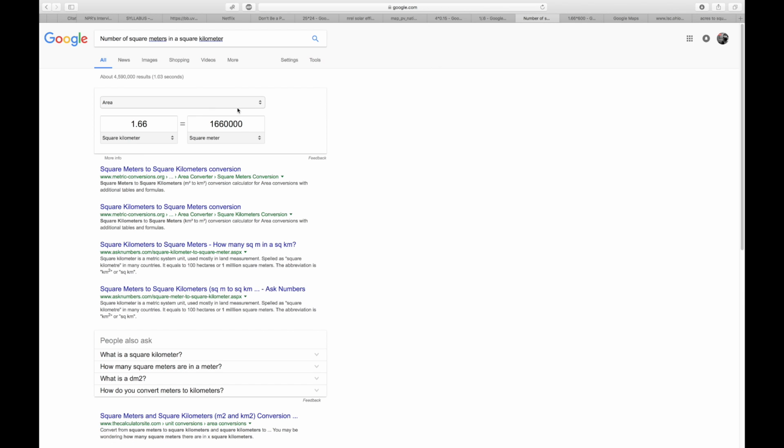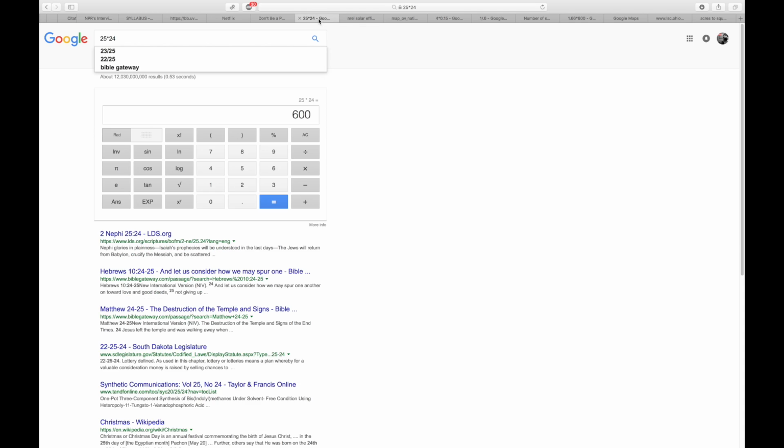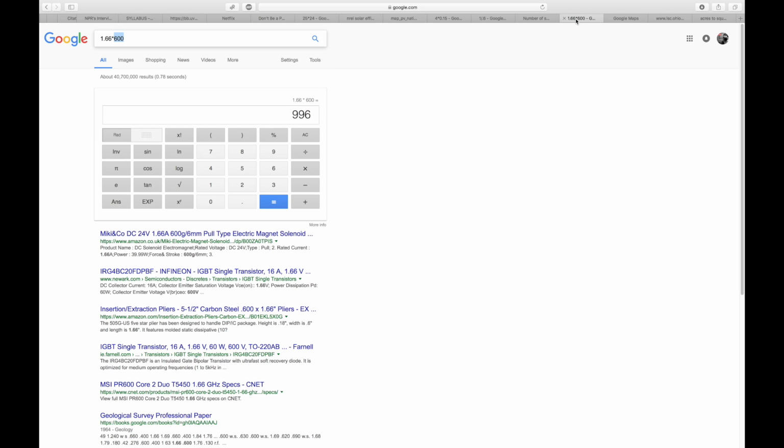So then, there are 1 million square meters in a square kilometer. So 1 million times a kilowatt hour is a gigawatt hour. So 1.66 square kilometers would be able to generate about a gigawatt hour of energy per day. If we go back all the way to the start, remember we need to generate 600 gigawatt hours of energy per day.